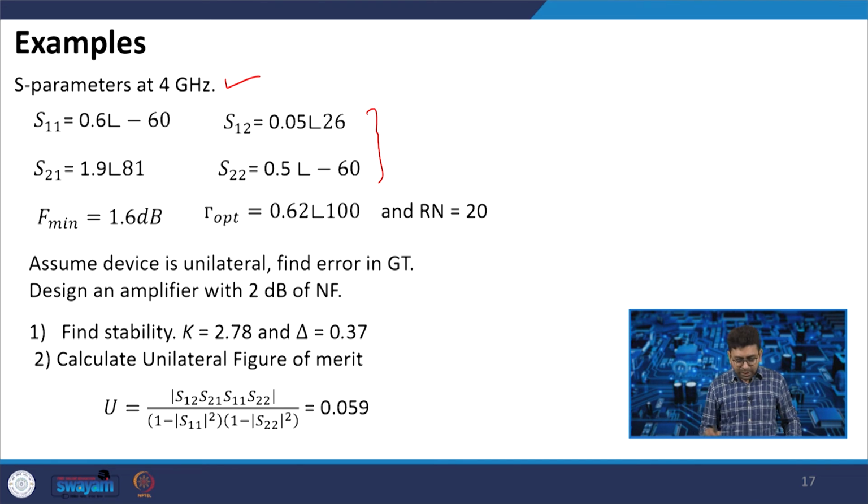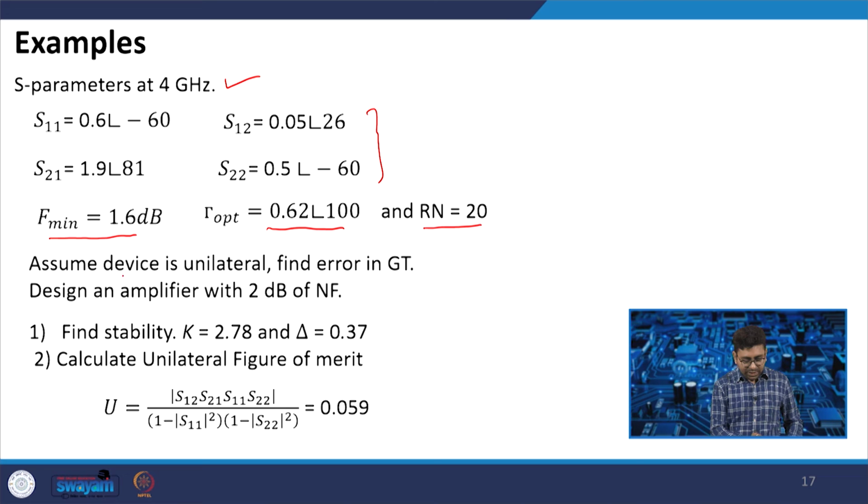You also need to have data about the gamma opt, that is the optimum reflection coefficient at which you will get a minimum noise figure. So this data is also provided by the foundry, and the noise resistance Rn which is equal to 20. We will use all these parameters in order to find out the noise circles that we have discussed.